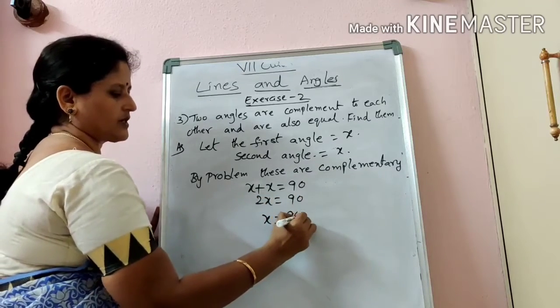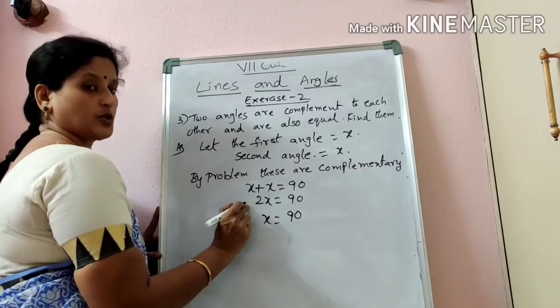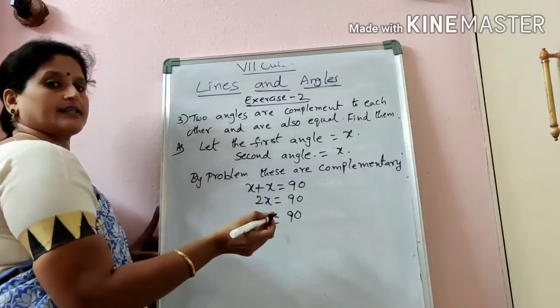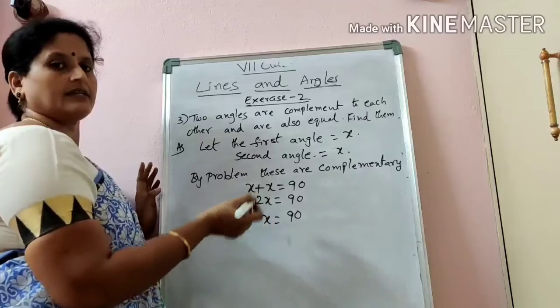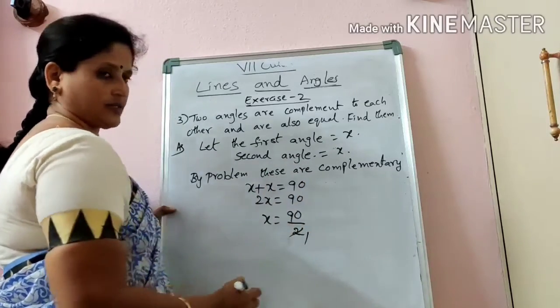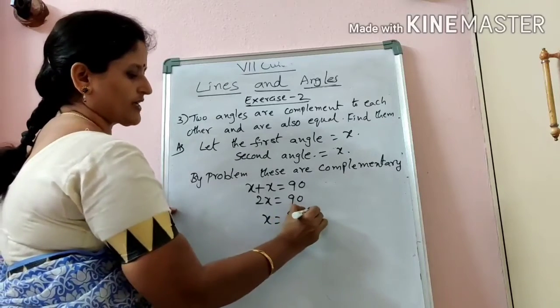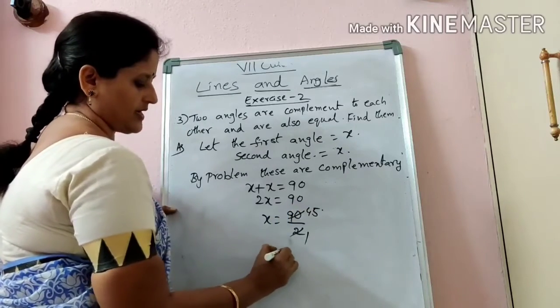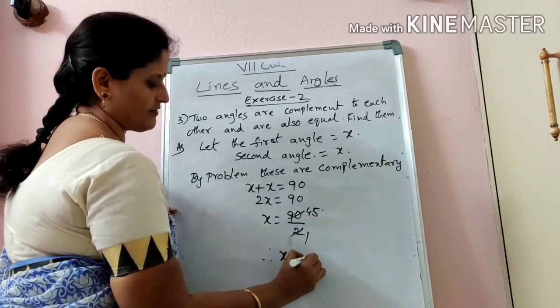Therefore, x is equal to 90 divided by 2. Move the 2 from the left-hand side to the right-hand side, so it converts to divided by. 2 ones are 2, 2 45s. So, the angle is 45 degrees.